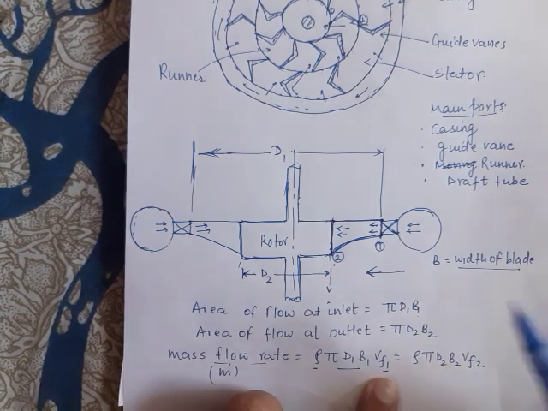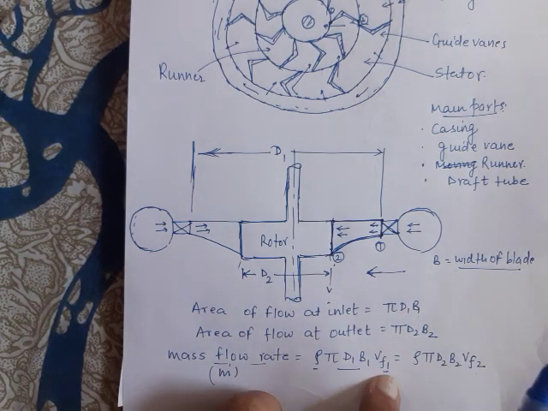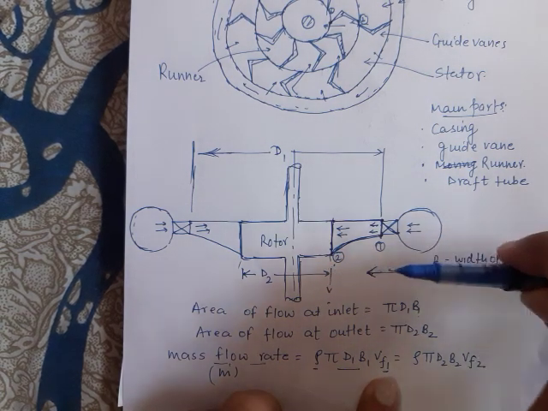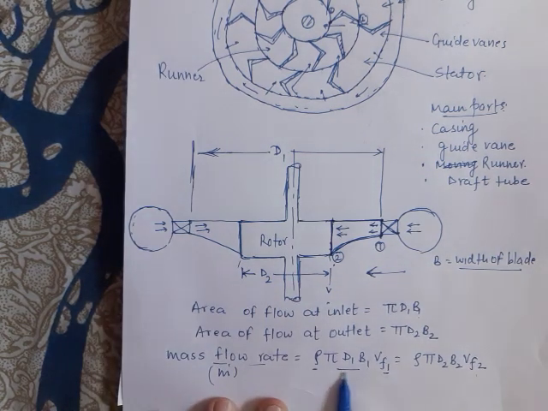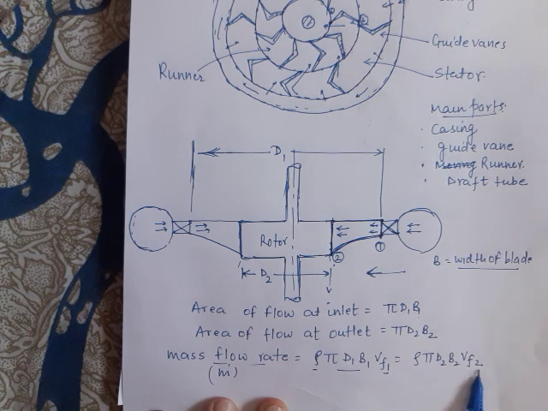I will tell you from the velocity triangles that in the radial direction the velocity is vf1. You can use this as well as this, whichever.